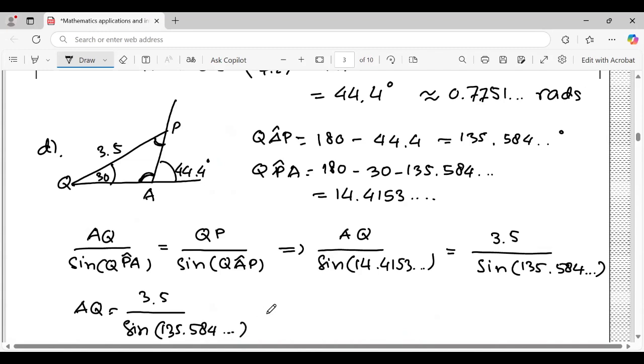And AQ equals 3.5 over sine 135.584, multiplied by sine 14.4153. If you calculate, the result is 1.24500, rounded off to 1.25 meters.